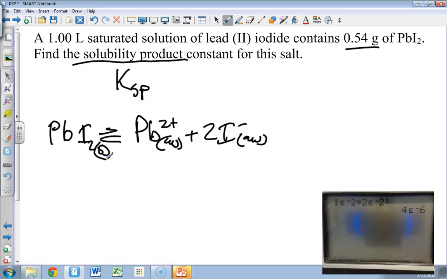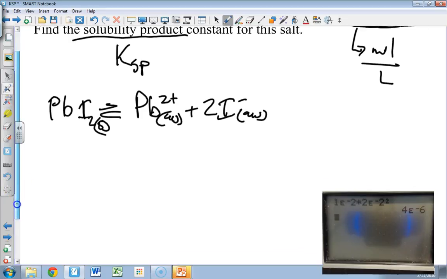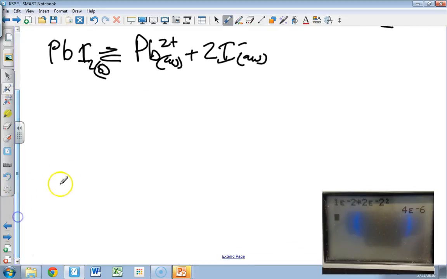Now we can determine how much of this we have. How do we determine that? Well, we can figure out how many grams of lead iodide there is, convert this to moles, and then divide by the volume. We kind of have to do that in order to get the Ksp value.